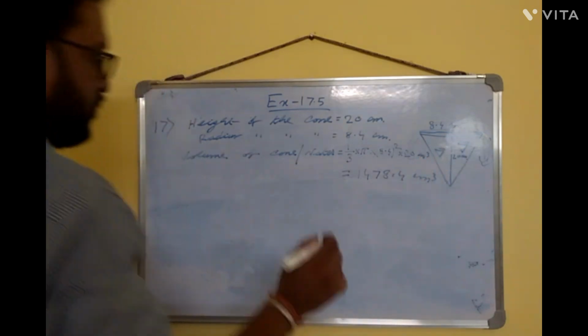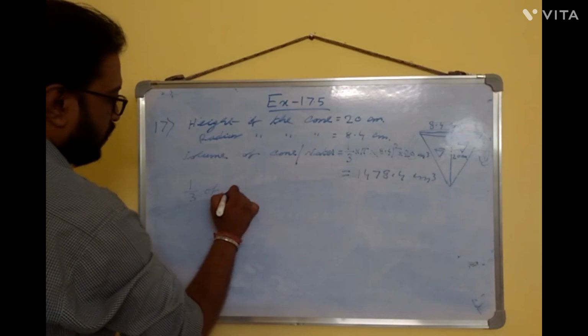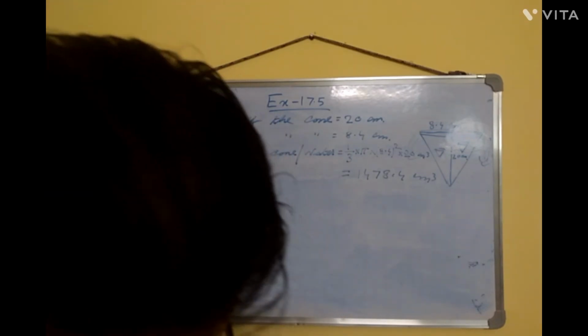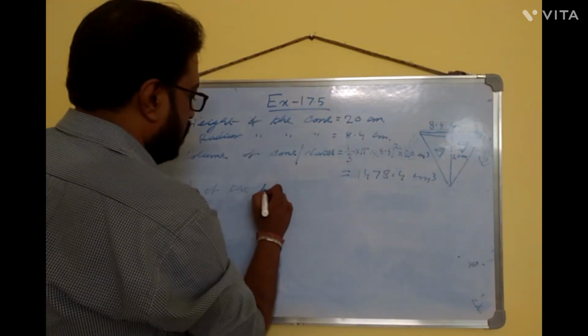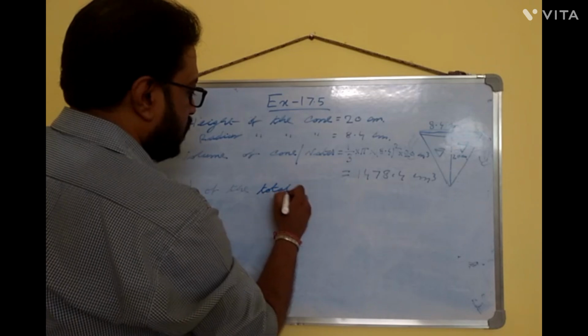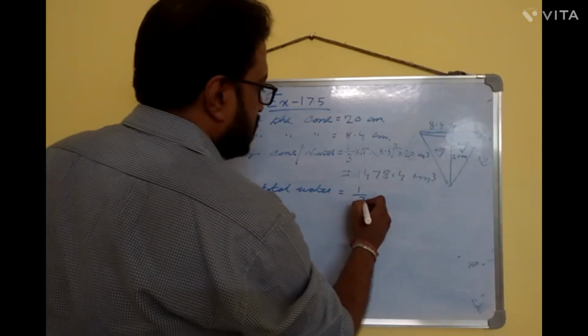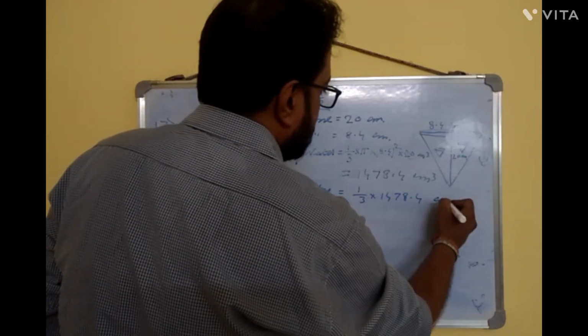Now after dropping these two cones, 1/3 of the water falls down. So 1/3 of the total water is equal to 1/3 into 1478.4 centimeter cube.